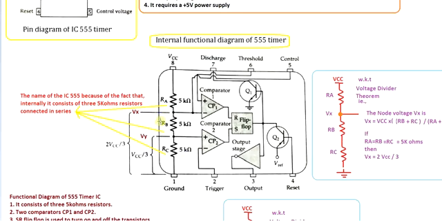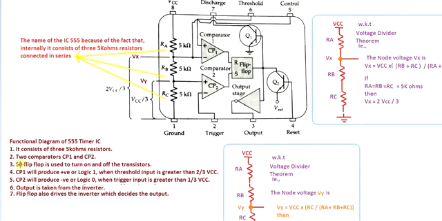Now, what does it consist of apart from the resistors? The second point is two comparators, CP1 and CP2, which are made up of op-amp devices. So both are comparators here, comparator 1 and comparator 2. The next stage is the flip-flop stage. We are familiar with the op-amp as well as the flip-flop. The flip-flop here is an SR flip-flop.